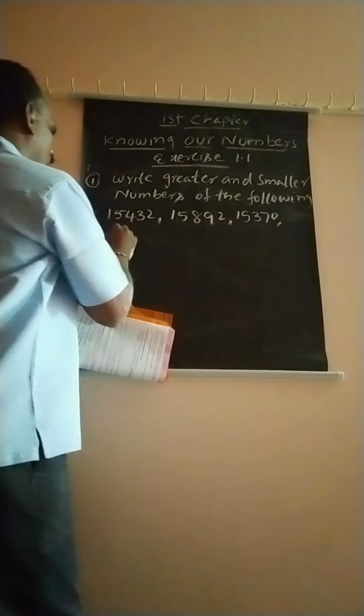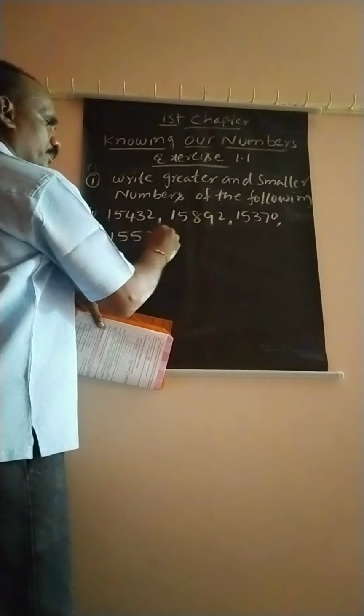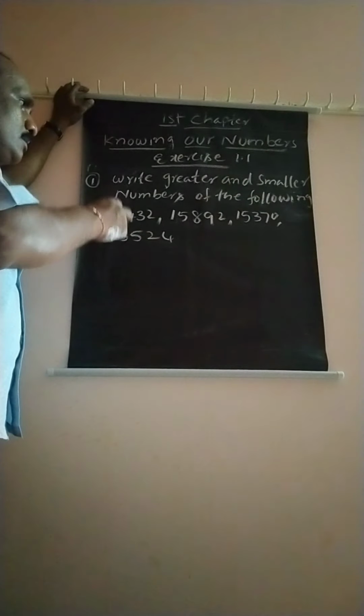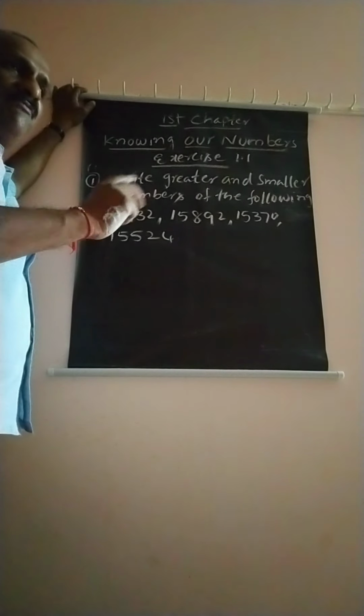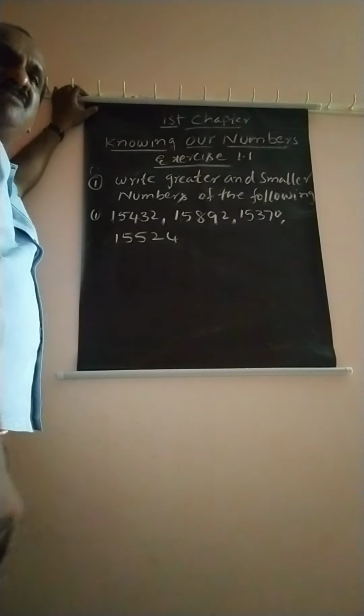These are the numbers given. We want to write which is the bigger one and which is the smaller one. Just by observing, we can say which is bigger and which is smaller. No need to read the place values.